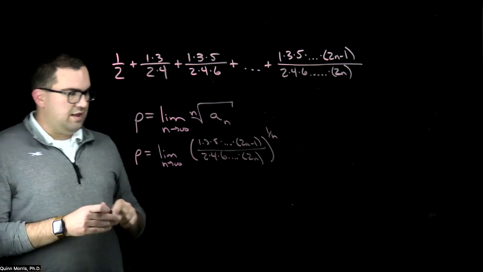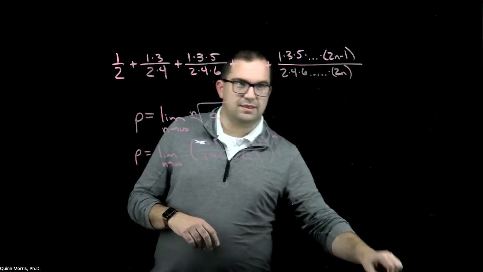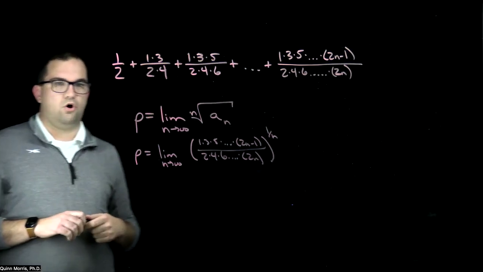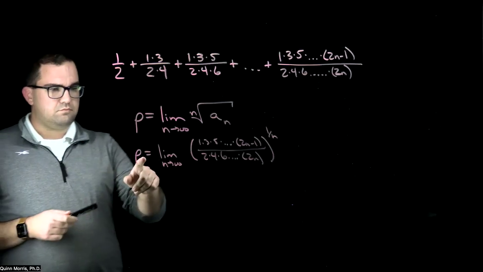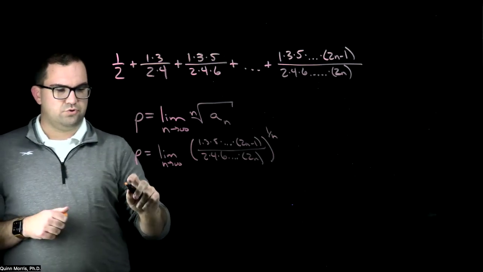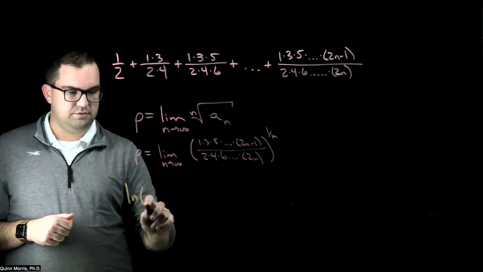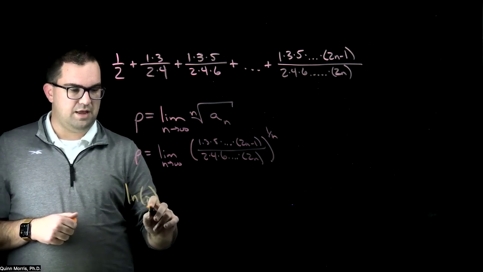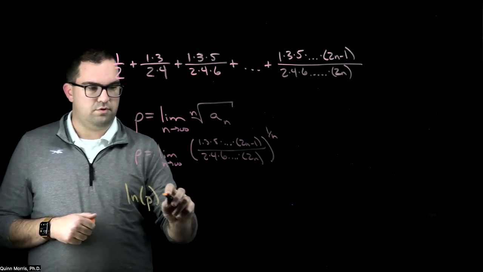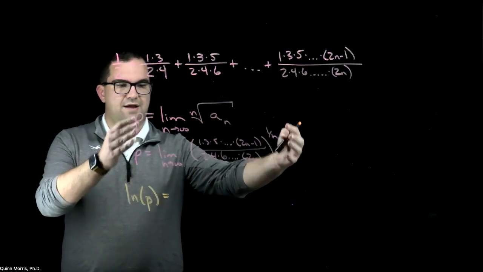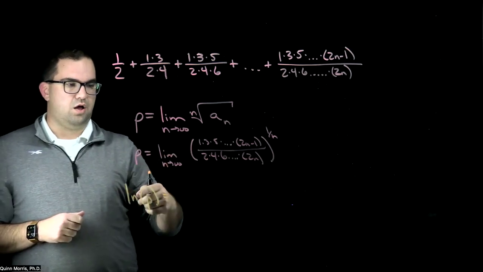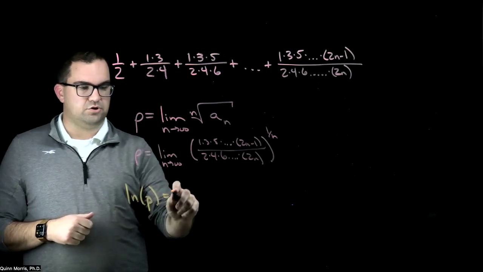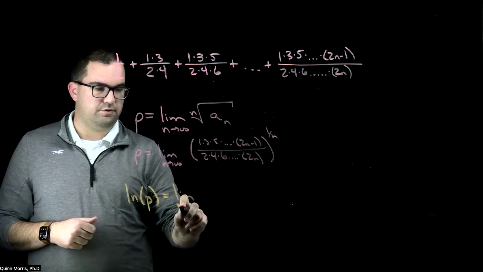Now, in order to calculate this, we can take advantage of a trick called logarithmic differentiation. The idea being, if I take the natural logarithm of both sides, I'll get the natural log of rho is equal to the natural log of this whole thing, but since natural log is a continuous function, I can actually pull this limit out.